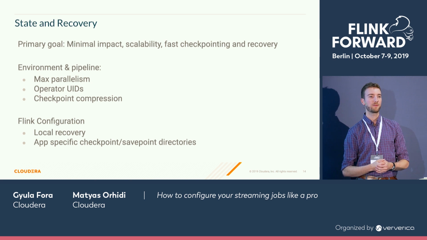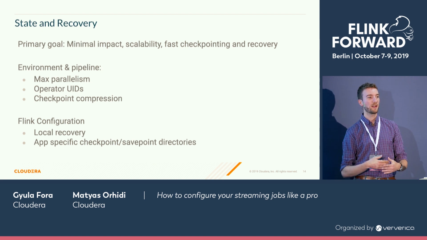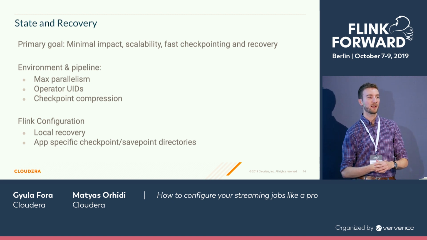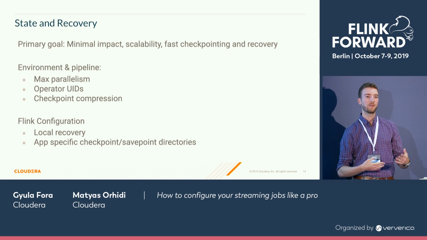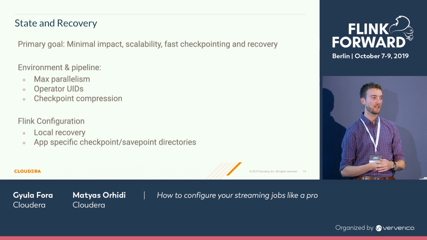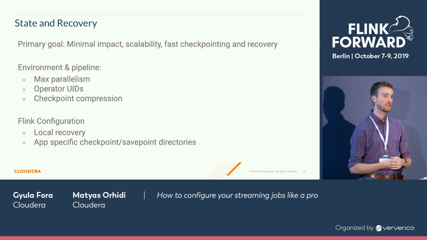It can save you a lot of trouble, and it will greatly reduce network traffic spikes during recovery. This is especially important when you have cascading failures of different applications. It might put you in a very bad situation if everybody tries to copy back, I don't know, 200 terabytes of state from HDFS at the same time, and they expect to recover quickly.